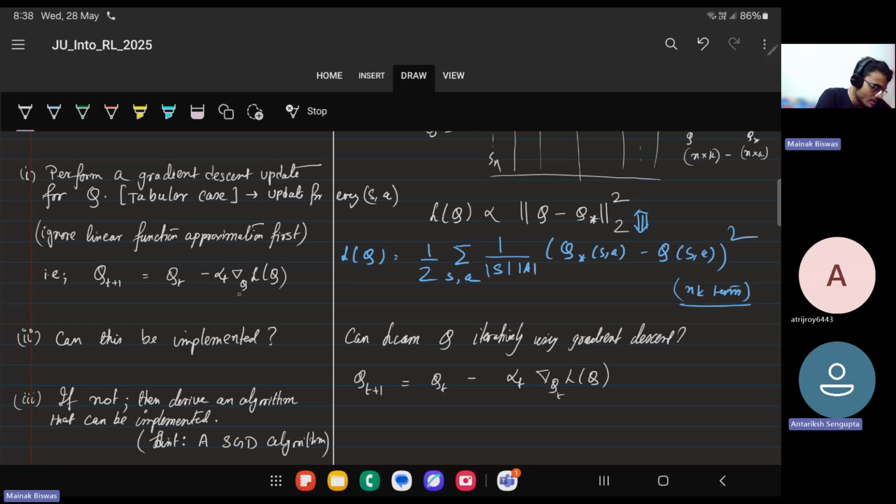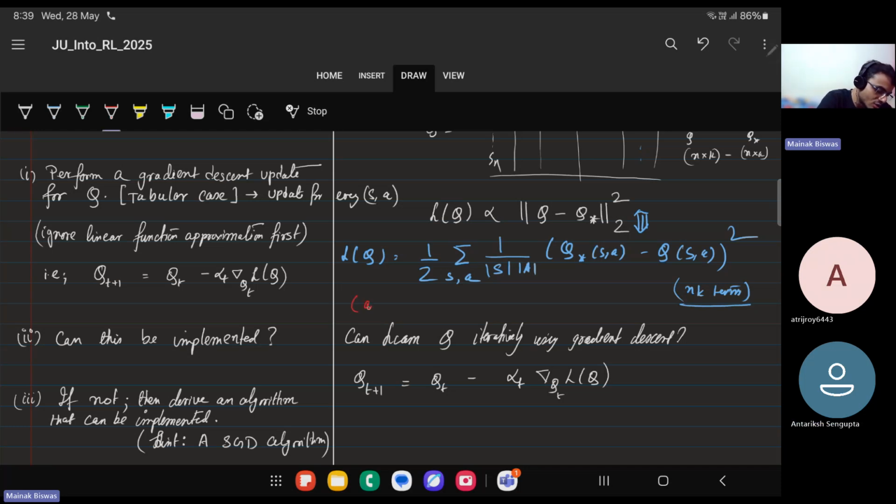Yes, Dada. But one question: last time when we were doing it for the linear approximation, we had taken the stationary distribution probability, d pi. Correct. Now you have taken 1 by number of states into number of actions, which is also correct. Very good question.